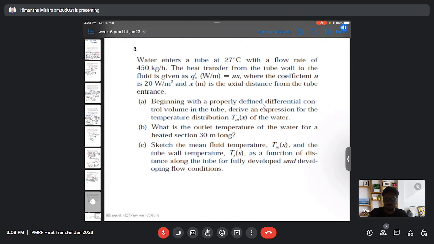The heat transfer from the tube wall to the fluid is given as q'' = Ax, where A is 20 watt per meter square, and x is in meters, the axial distance. We need to find the expression for the temperature distribution Tm of the water and the outlet temperature of the water for a heated section 30 meters long.